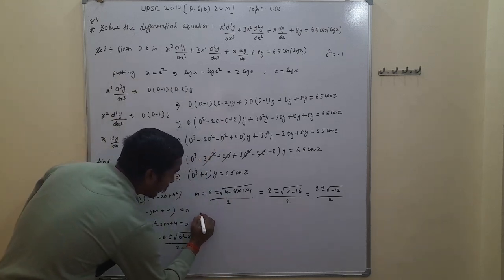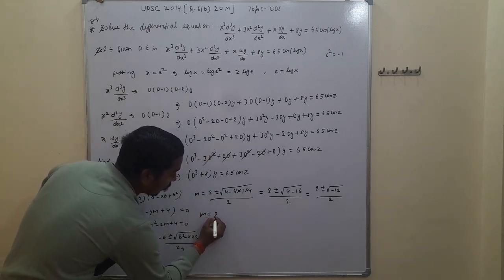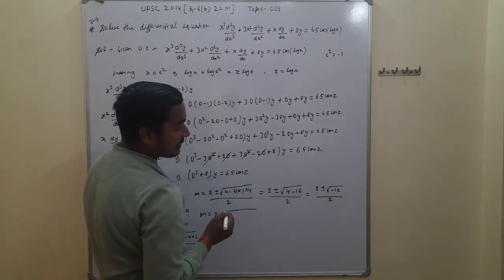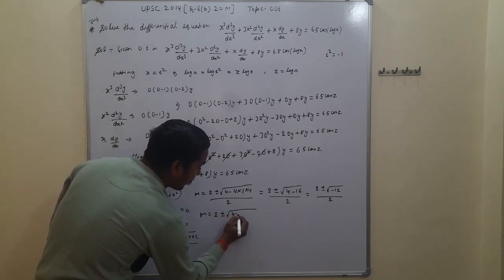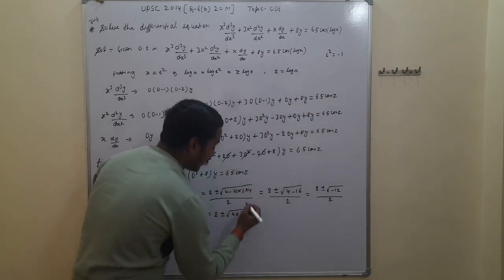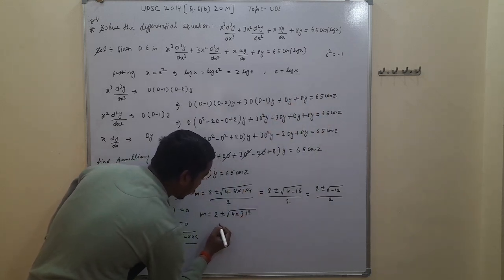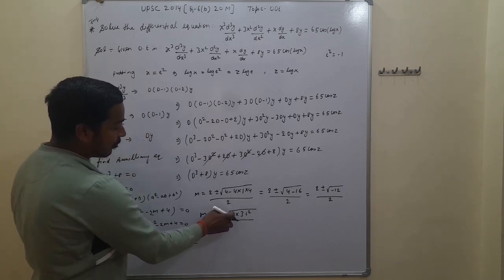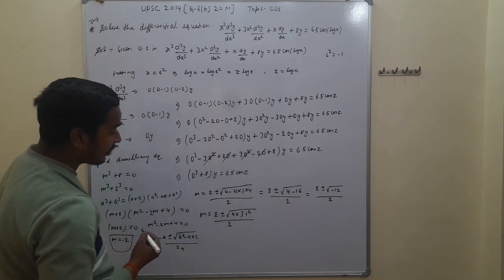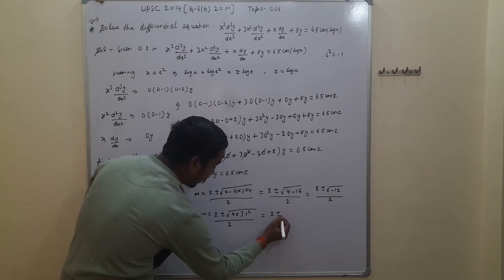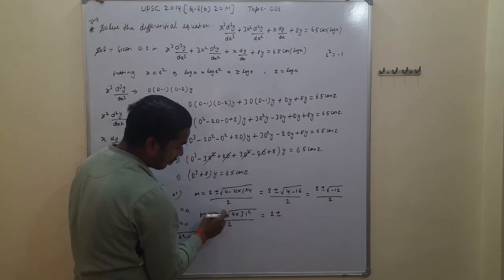So we have to get here m is equal to 2 plus minus under root of, we have to write 12 is written as 4 into 3, and we have to write in place of minus, we have to write i square, and here is 2, and we have to take 4 from the root.